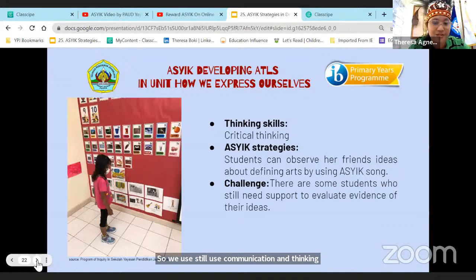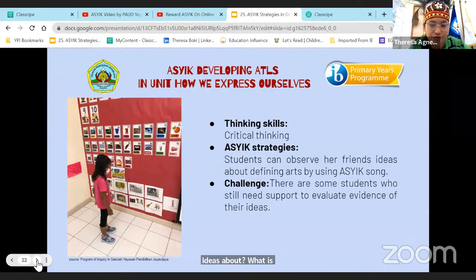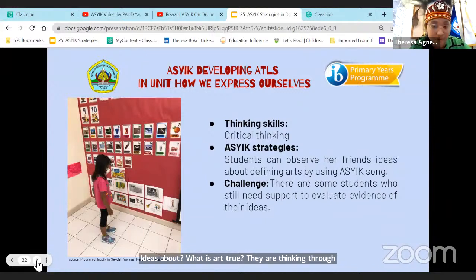Here are the examples. Here, they show their critical thinking by observing their friends' ideas about what is art, through their thinking, through their perceptions, through their learning experience. Some said, "Miss, art is rocks, art is pipes, art is like a fast train."